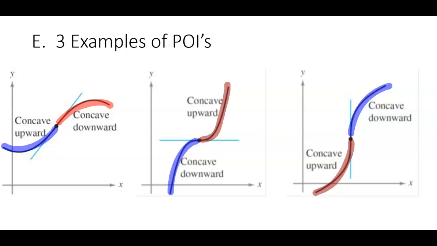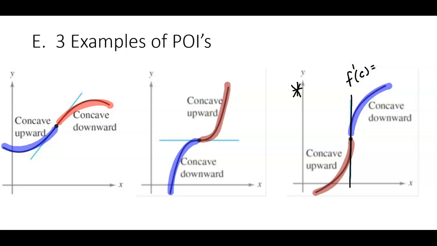Now I want to point something out to you here. This is one of the situations where your second derivative would be undefined. Why? Well, because this is a tangent line. The tangent line can tell you what the first derivative is. So what would be the first derivative at that point?